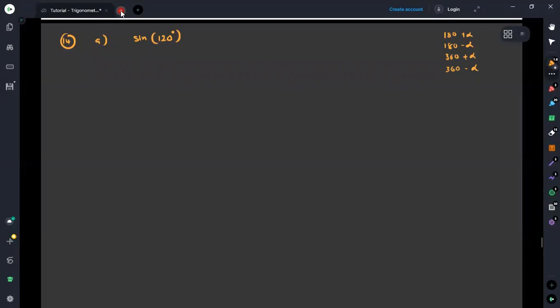Then we can write sine 120 degrees as sine of 180 degrees minus 60 degrees, because 120 can be made in the form of 180 minus alpha. Now this can be considered as the associated acute angle.